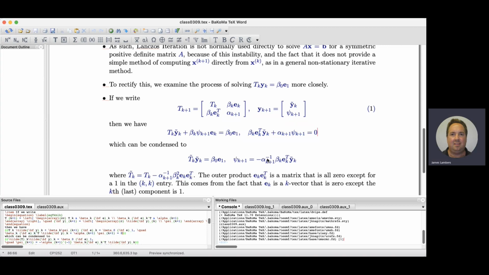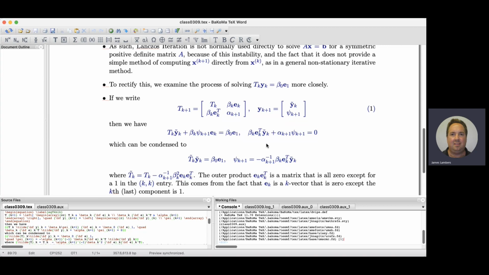this equation to get a formula for psi_{k+1}, because psi_{k+1} is the last unknown, but notice it features in both equations. So if I solve this equation for psi_{k+1}, then I can use it to eliminate psi_{k+1} from this equation. So my only unknown left is this y_k tilde. If I can solve for that, then I can just go ahead and use this to compute my last unknown.